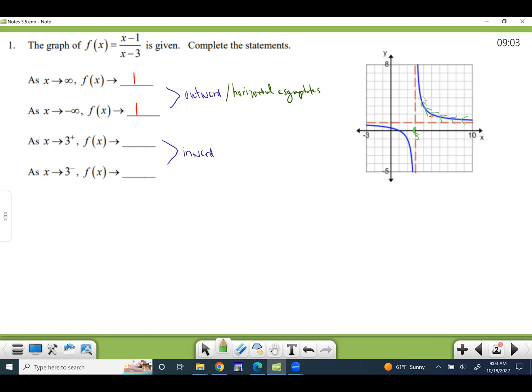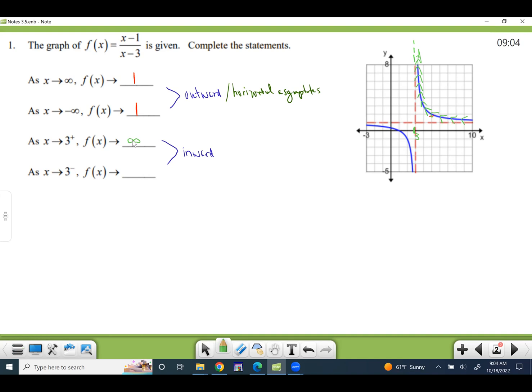And you'll notice that as I head towards 3, the y values are getting higher and higher, right? So that means that we're heading off to positive infinity.